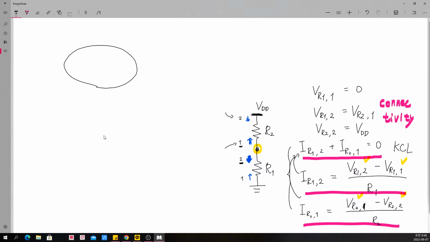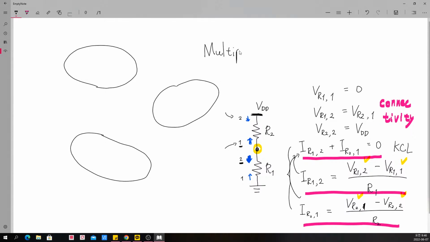The general situation is now you can have multiple circuit elements, and their connectivity can be quite general.